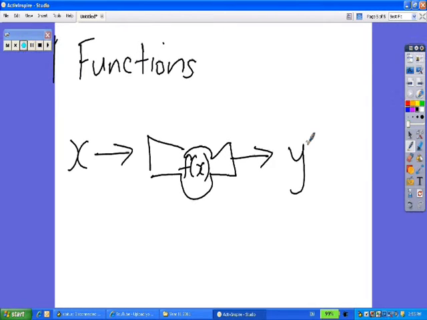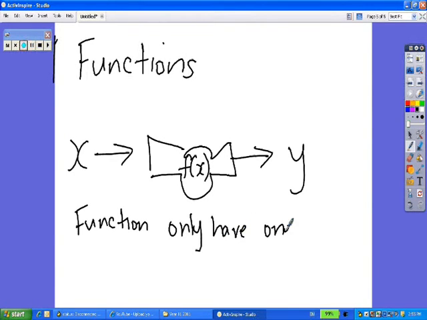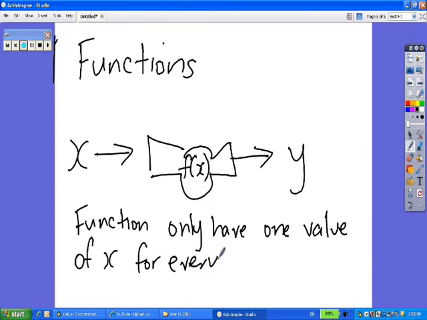All right? But in order for it to be a function, functions only have one value of y for every value of x.